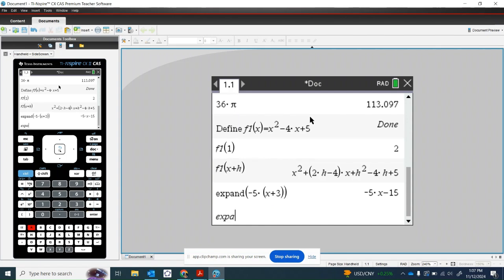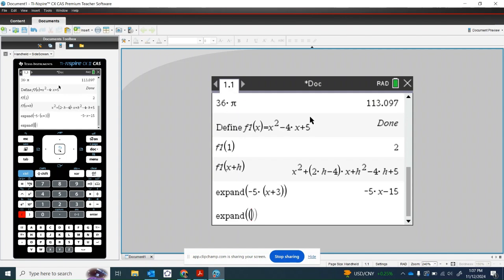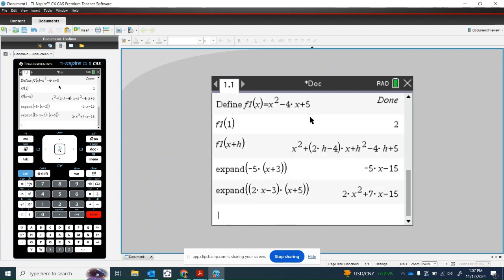I can type the word expand or go to the menu, whatever's faster. And let's say I needed to FOIL, and it was 2x minus 3 times x plus 5. And it'll multiply that out for me. So that one's nice.